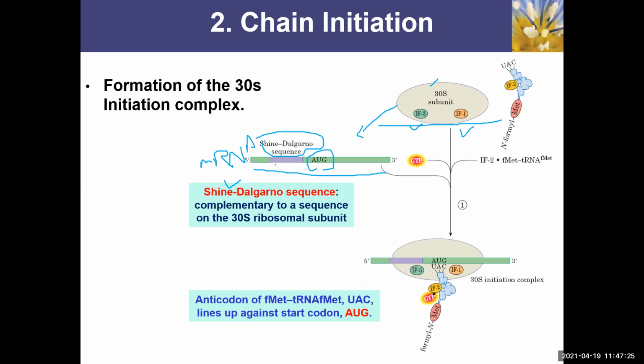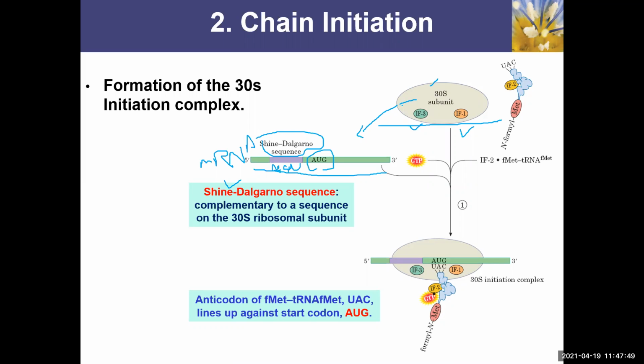So it's basically, again, just a sequence. It's not something different. It might be adenine, guanine, guanine, uracil, uracil. It's a sequence on the mRNA which is complementary to a sequence present on the ribosome. Is it clear to everyone what I just said?